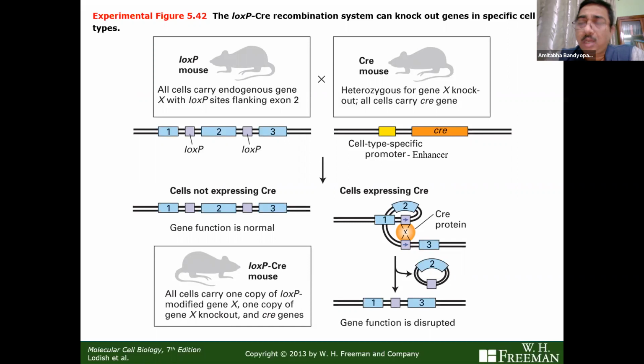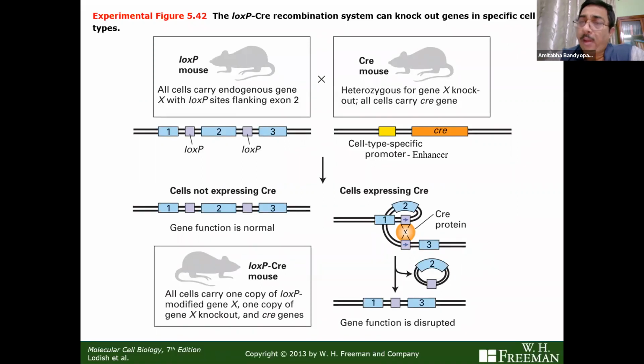Now, this conditional knockout system is always a two-component system, meaning there will be two different genetically modified mouse strains that will be needed for effecting conditional knockout.